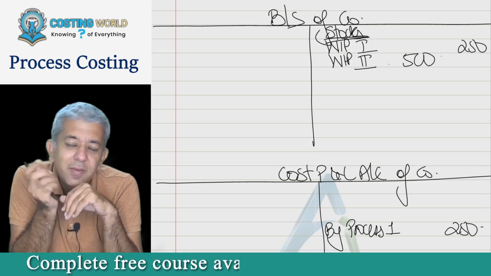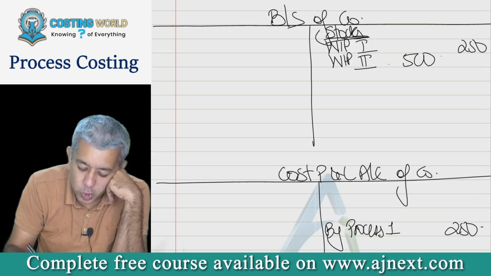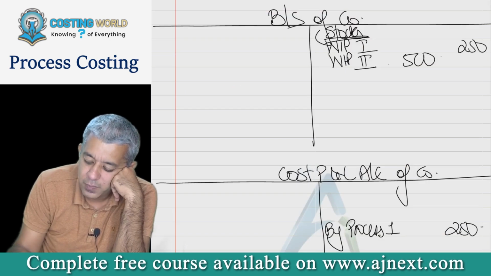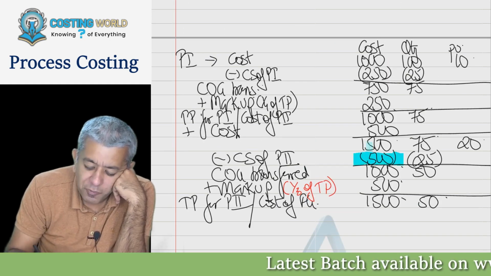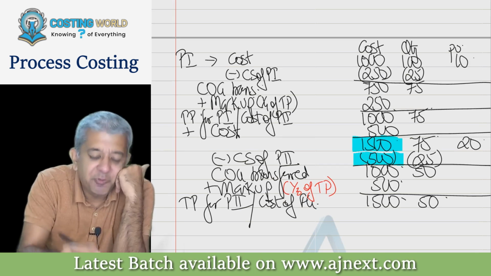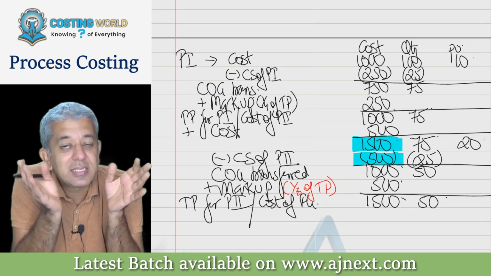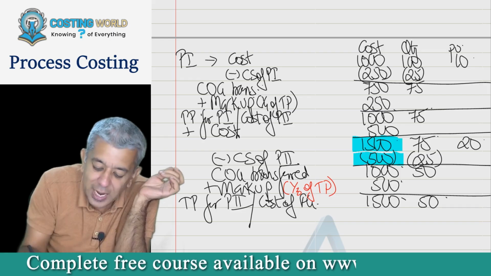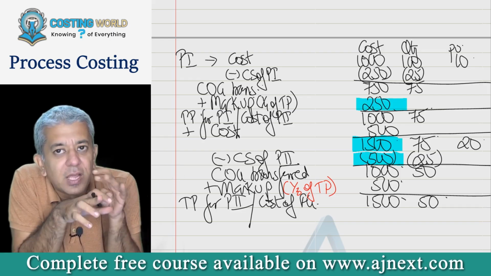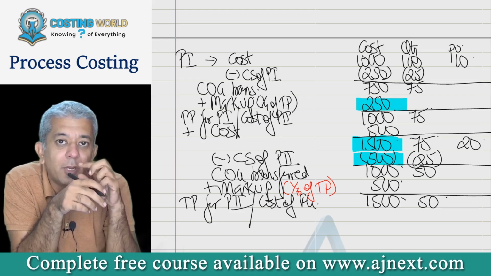No. Sir, can we say 500 is actually part of 1500, and 1500 itself includes the profit of 250 that was earned by department 1 when it transferred the goods to department 2.